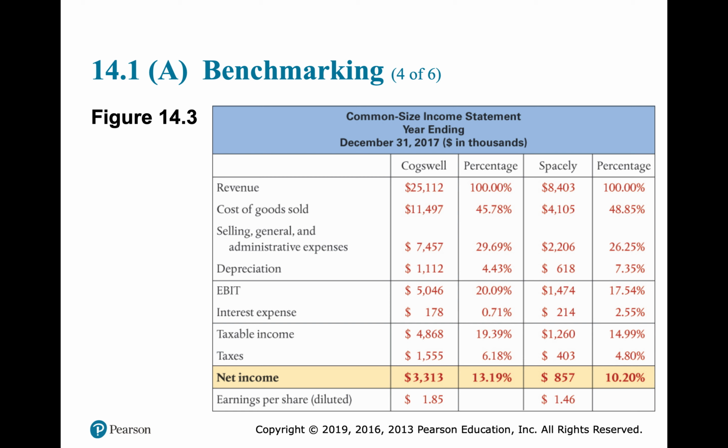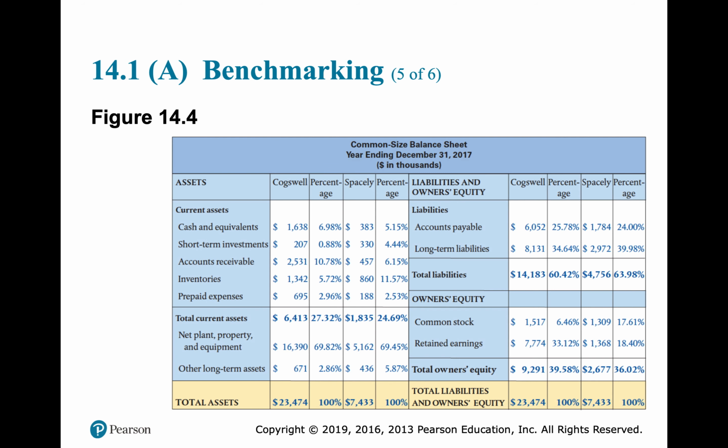Okay, so this is referred to as common size comparisons, income statement comparisons, balance sheet comparisons. And it's really neat because it allows me to compare myself to folks that otherwise I might not be able to compare myself to. As you can see here, we can do the same thing for the balance sheet. So even on the balance sheet, we can convert everything to a percentage, right?